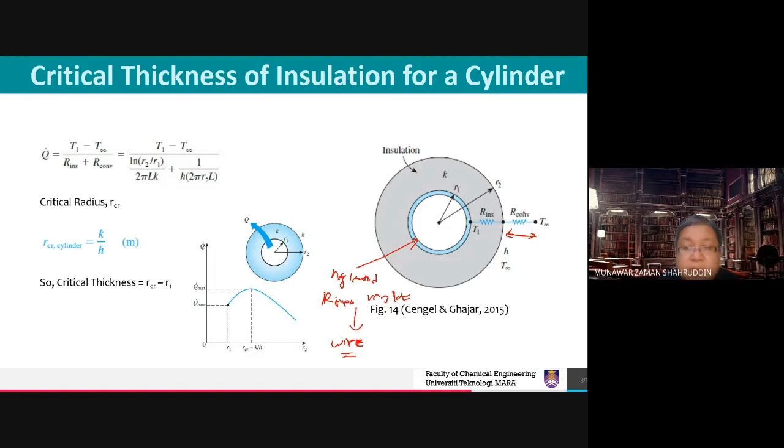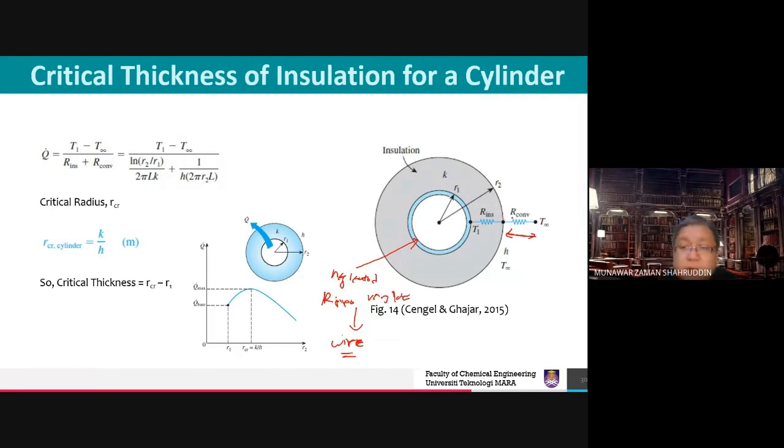So once R ni is big enough, then you akan render your punya insulation ni useless sebab R convection ni dah jadi lagi besar daripada R conduction, ataupun R conduction with regards to insulator lah.